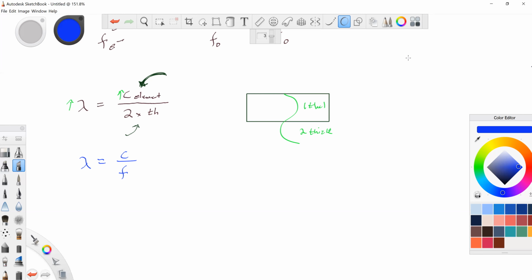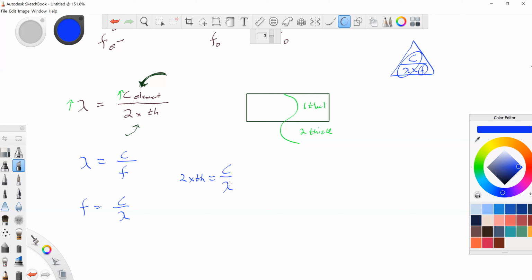So, let's see, speed of sound. Oops, wrong F. Okay. So what else do I want to find? If I want to find frequency, it's C divided by lambda. So frequency is equal to C divided by wavelength, which is also the same as saying 2 times the thickness is equal to C divided by frequency. Anyway, those are different ways of writing the equation.